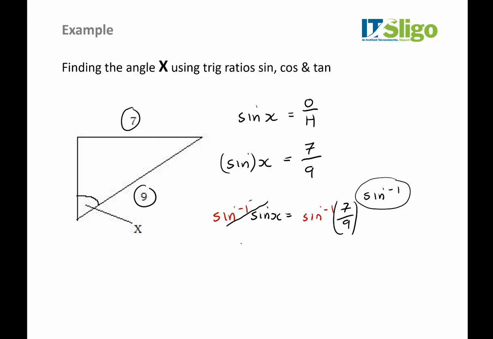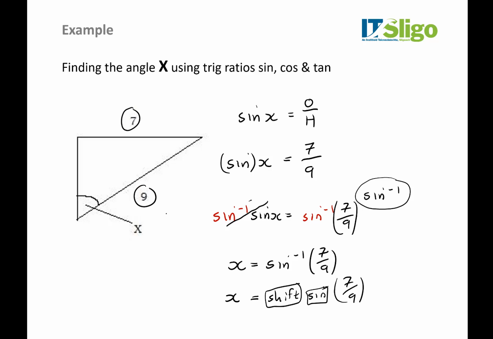They cancel each other out. And I'm just left with x is the inverse sine of 7 over 9. And now you just get your calculator. Make sure you press shift or second function, and then press sine.